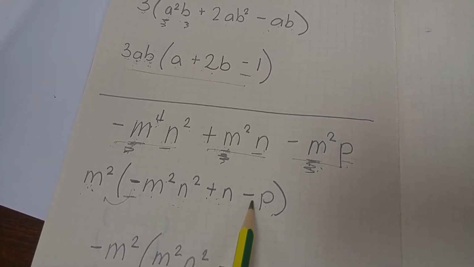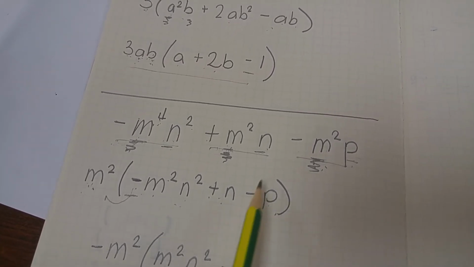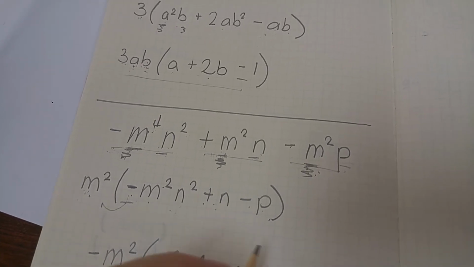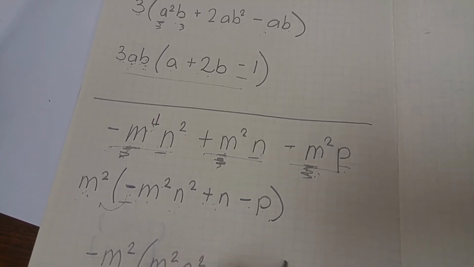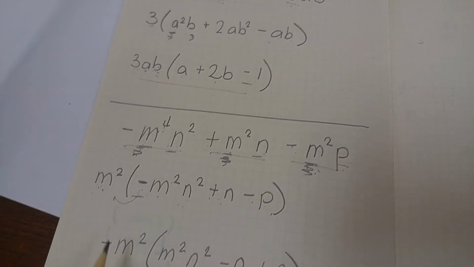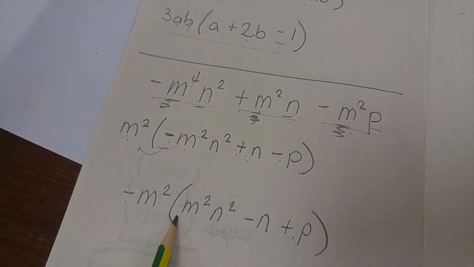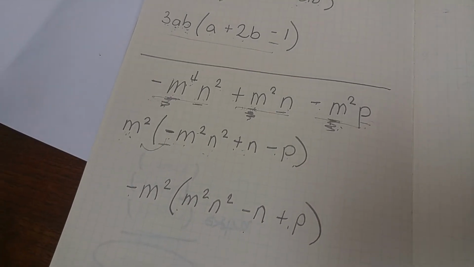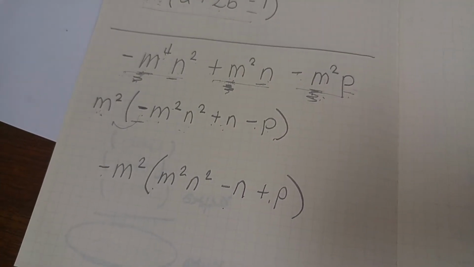This one here would have to be a positive because we want it to be negative there. And a minus times a positive equals a minus. So now our first term is a positive number, so that is it completely factorized.